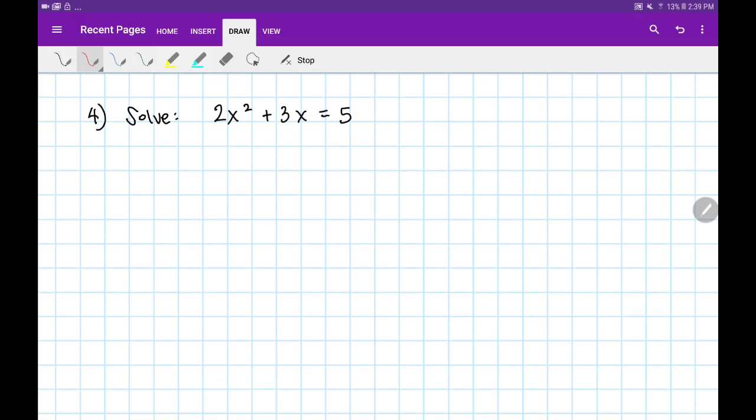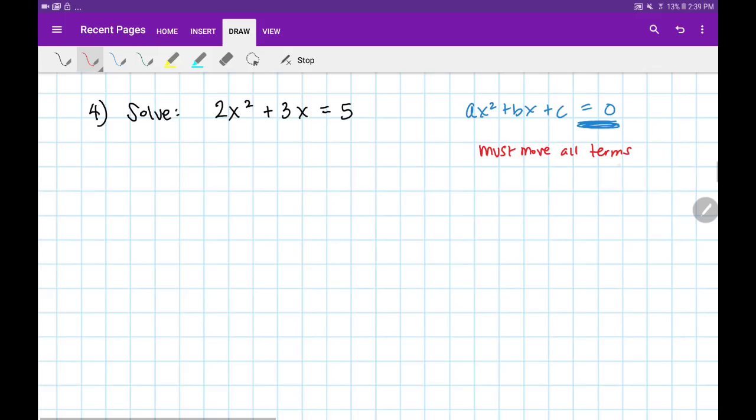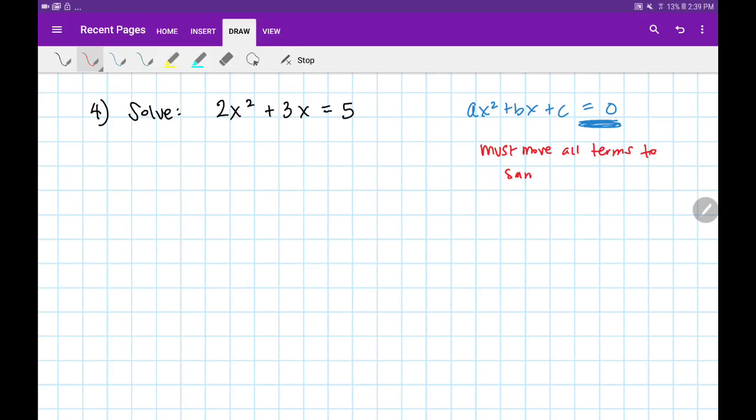Another quadratic equation. So notice what's different about this problem. Usually, we have to have everything set equal to 0. That's the most important thing. So the first thing, make a note to yourself: must move all terms to the same side first so that you can set it equal to 0.